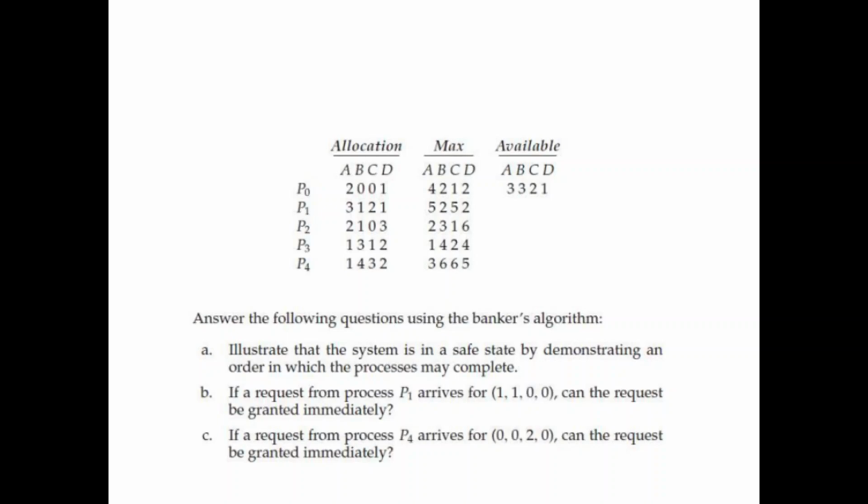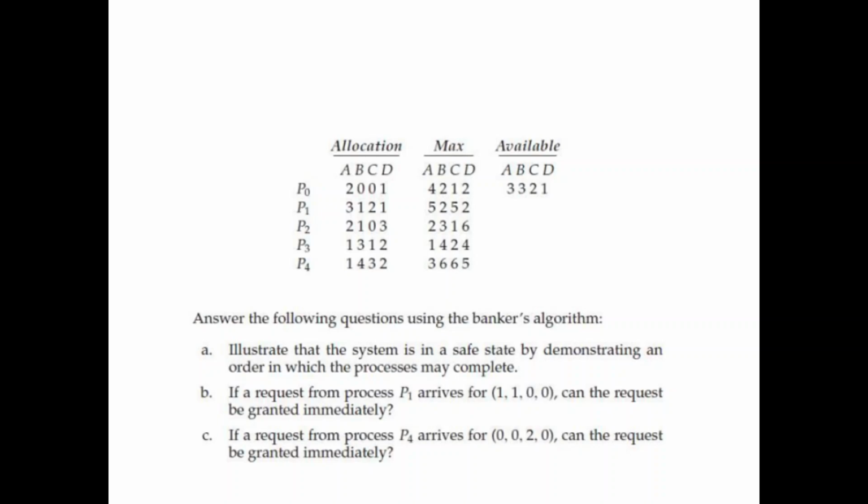So for example, P0 is already allocated 2 instances of resource A, and no resources of B and C are allocated, and 1 instance of D is allocated to P0. In the same way, P1, P2, P3, P4 processes have also received some allocations so far, but it is not complete allocation. They still have some further requirement.